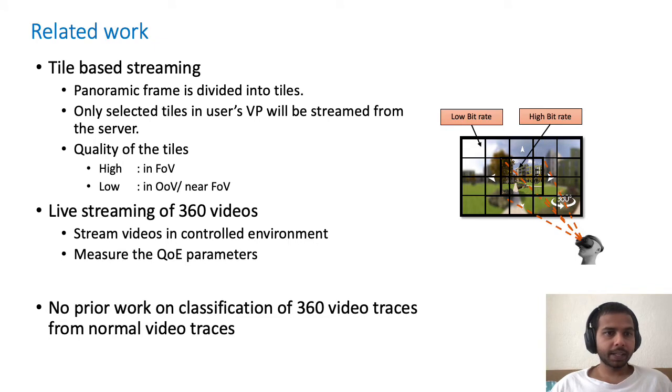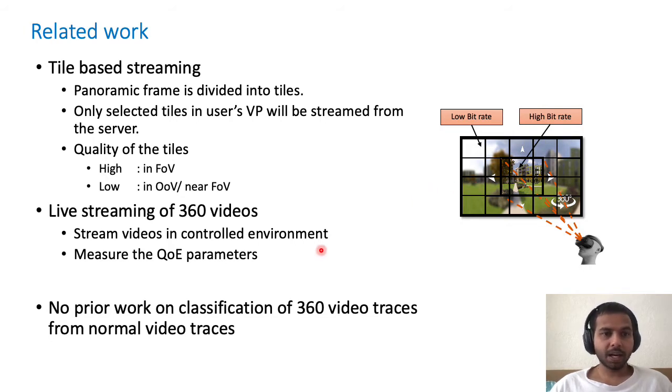So now let's see a couple of works related to 360-degree video streaming. Tile-based streaming has been the most promising solution, where they divide the entire video frame into tiles, and the tiles within the user viewport are streamed from the servers in high quality, and the remaining area in low quality, reducing bandwidth consumption.